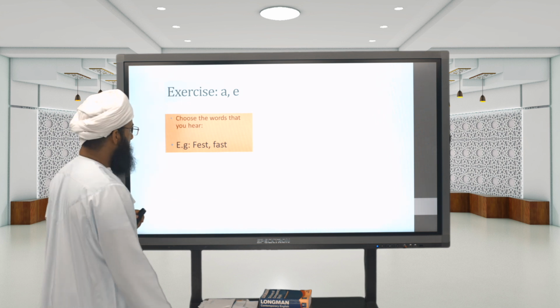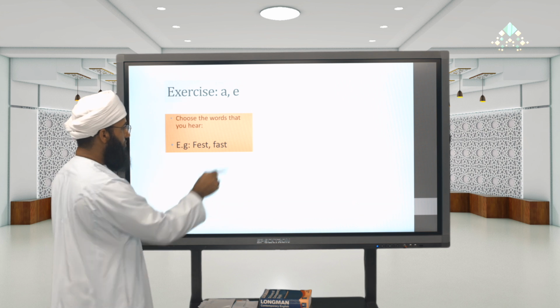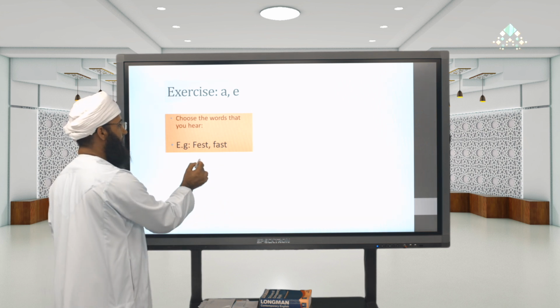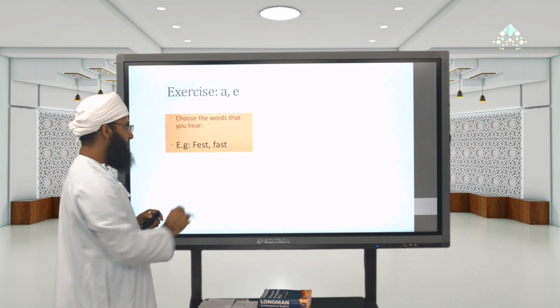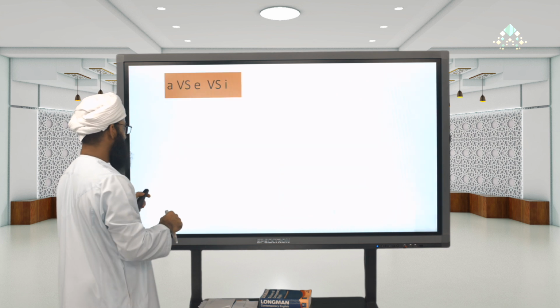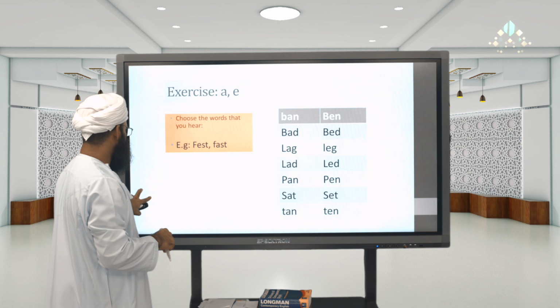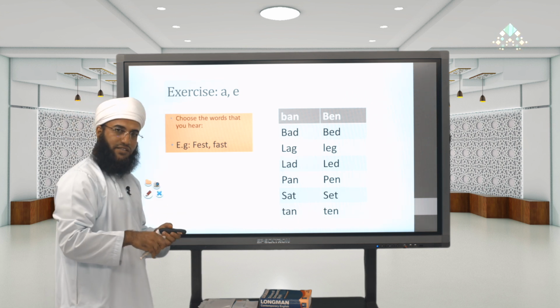For example, I will say the word and I want you to circle or write down the word. For example, if I say now fest, which one? It is this one. Sorry. Here, if I say fest, what do you need to do?